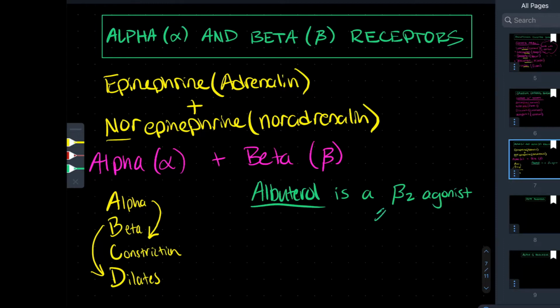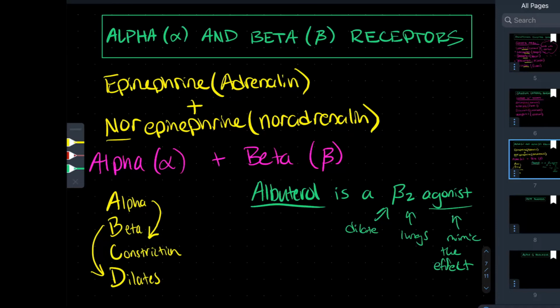Beta means that it's going to dilate. 2 means it's in the lungs, because 2 lungs. And agonist means that it is going to mimic the effect.